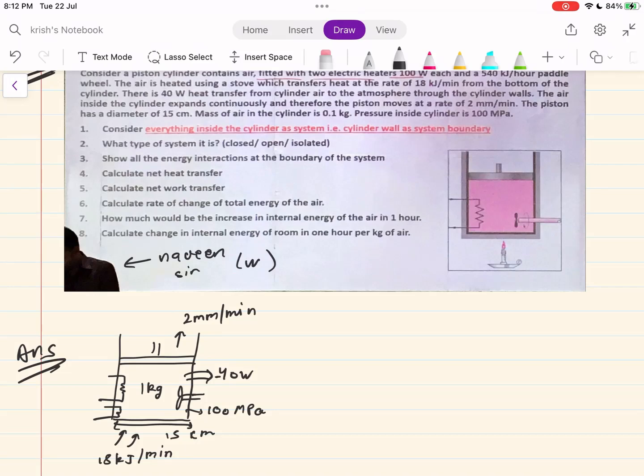So I would say it is a closed system. Show all energy interactions, calculate net heat transfer, calculate net work transfer, calculate rate of change of total energy of the air, how much would be the increase in internal energy in 1 hour of the air, calculate change in internal energy of the air in 1 hour per kg of air. Okay, so this is a very tricky question, so let's do it slowly.